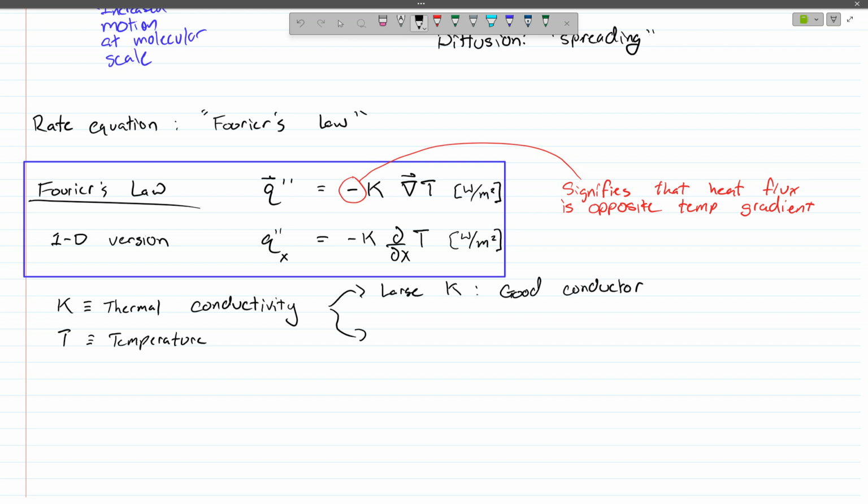For example, k of aluminum is around 237 watts per meter Kelvin. And copper is even a bit higher, 401 watts per meter Kelvin.